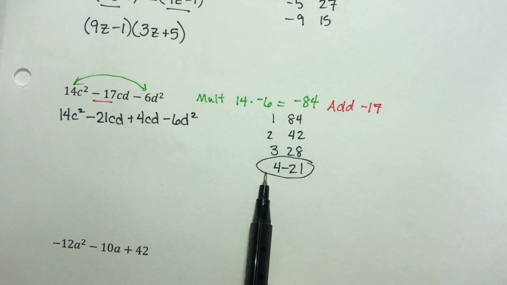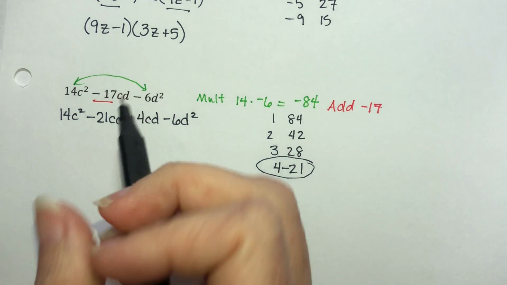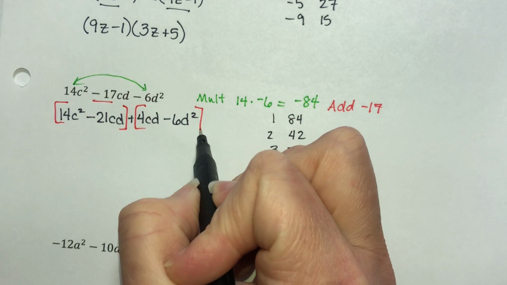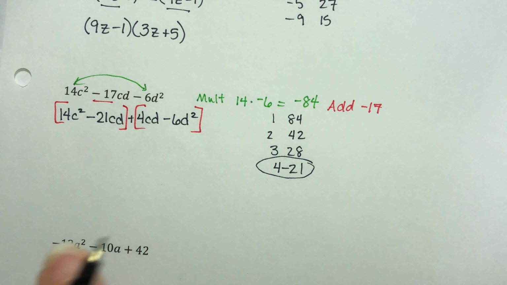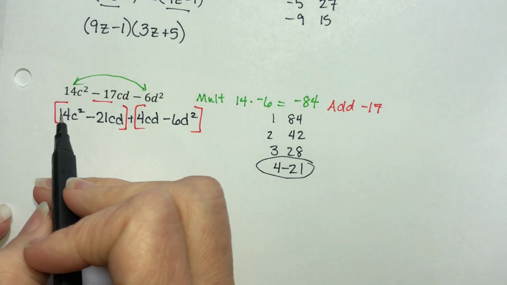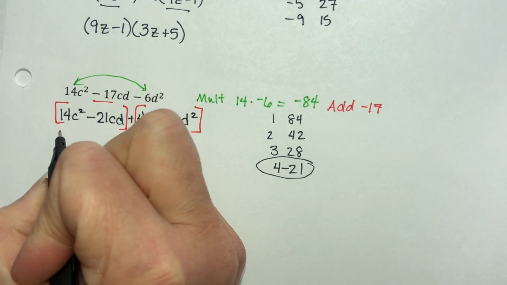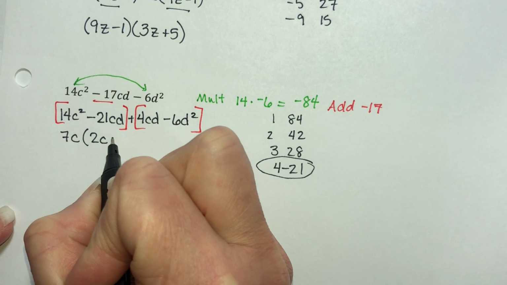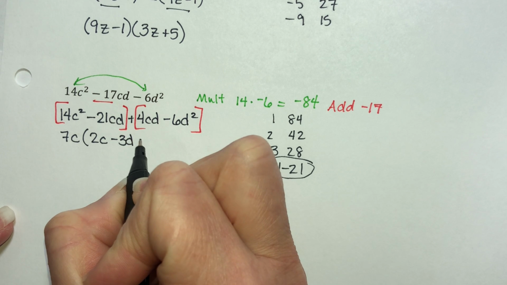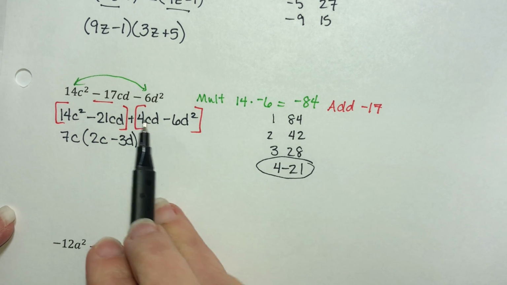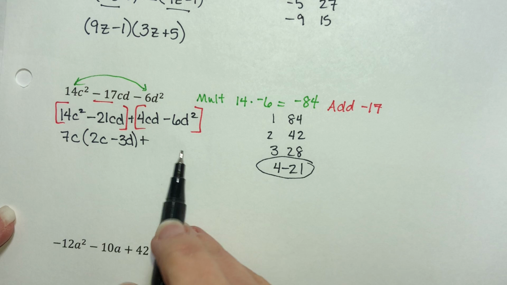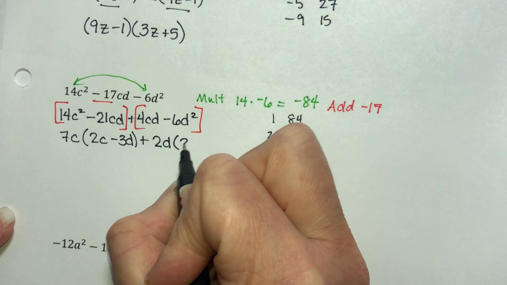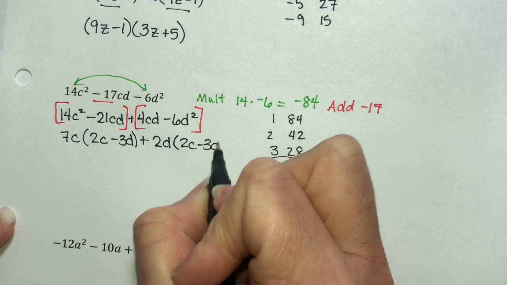Since we had a negative and a positive, and we put the negative first, we don't have to worry about anything. We can just group. From our first grouping, we can factor out a 7c, and that leaves 2c minus 3d, plus, from this grouping, I can factor out a 2 and a d, and that leaves 2c minus 3d.